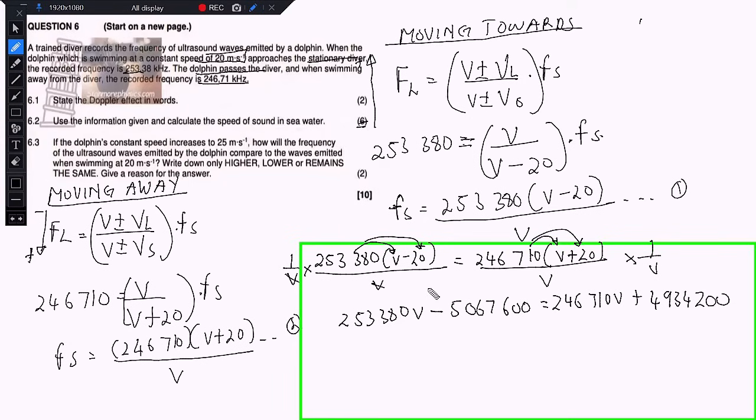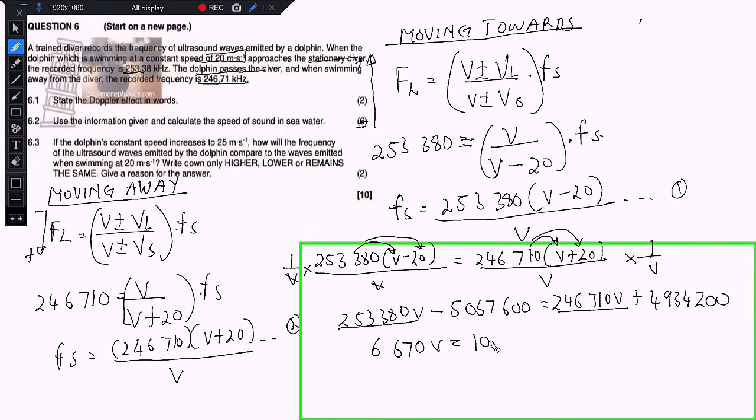And then this number multiplied by 20 is 4,934,200. Right, so if we take this, these are like terms. This minus that is going to give us 6,670 V. And then the minus that, if it jumps over there, becomes positive, so it's 4,934,200 plus 5,067,600.